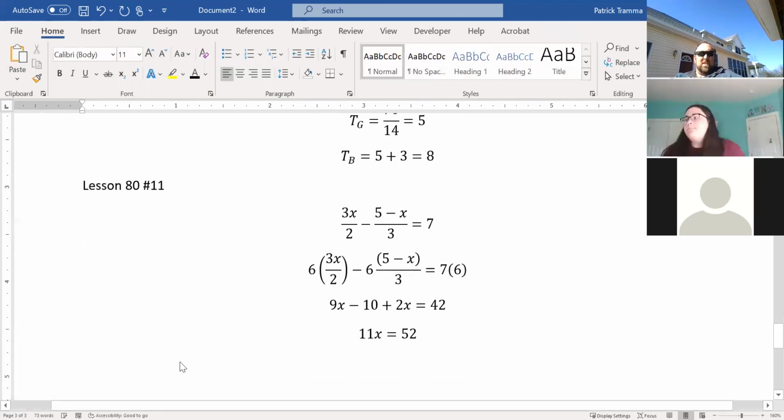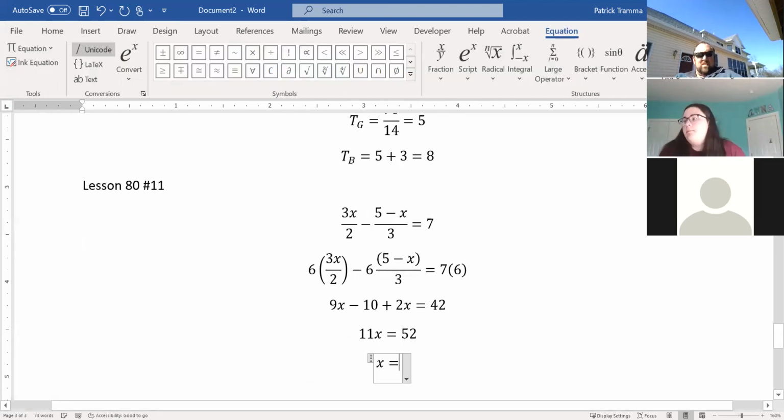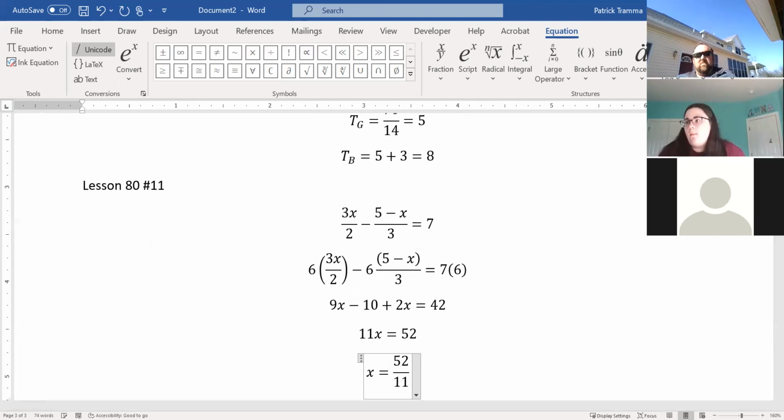Good. So x equals 52 over 11. Divide both sides by 11 because x is being multiplied by 11. That's 4.7272. It doesn't matter, we can just leave it as 52 over 11.